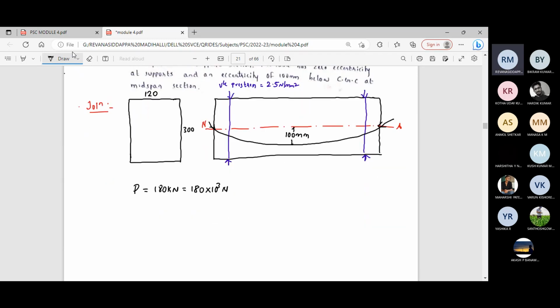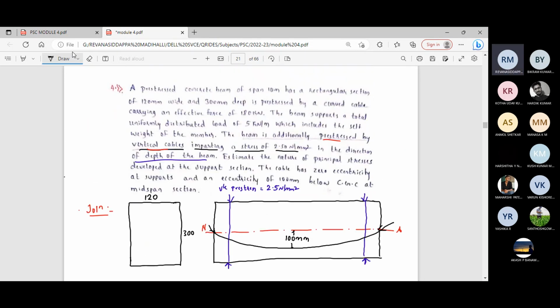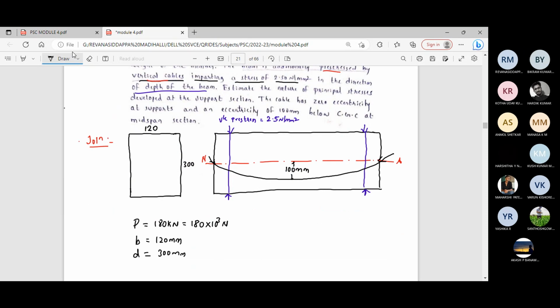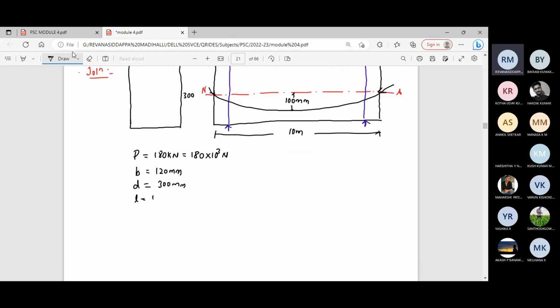So let me write the given data once again. B is equal to 120 mm, the width of the beam. Depth of the beam D is equal to 300 mm. Length of the beam is given as 10 meter, so L is equal to 10 meter or 10,000 millimeter.